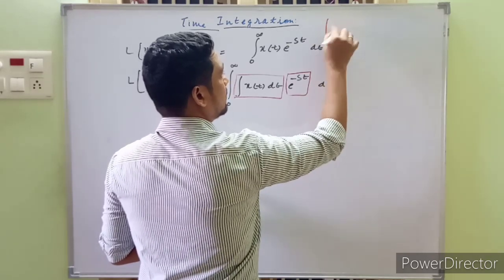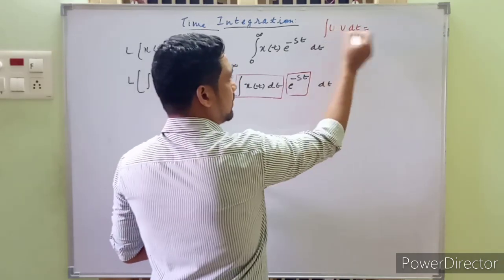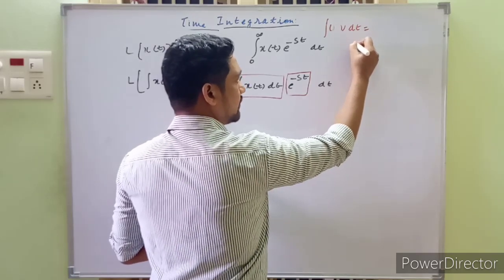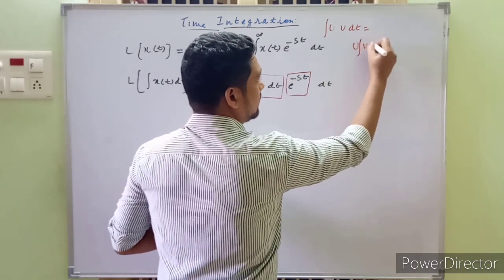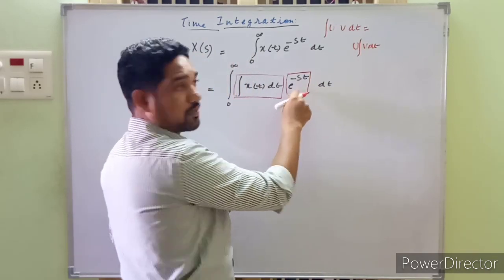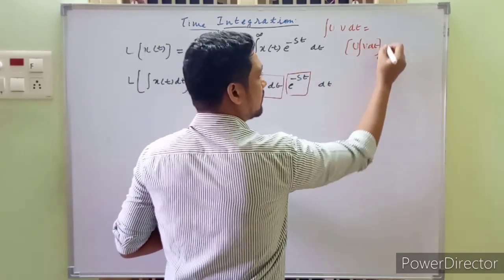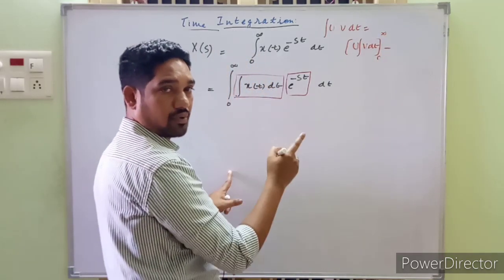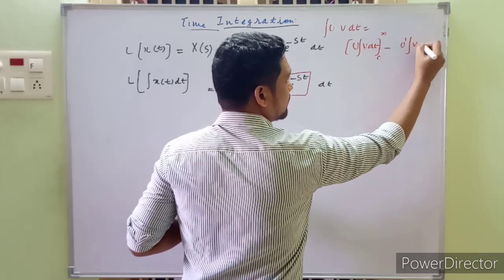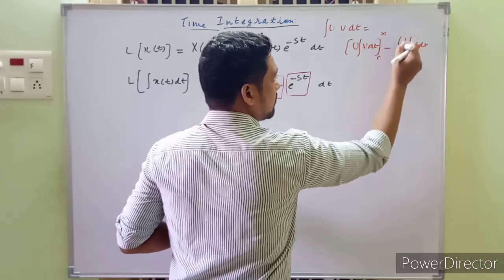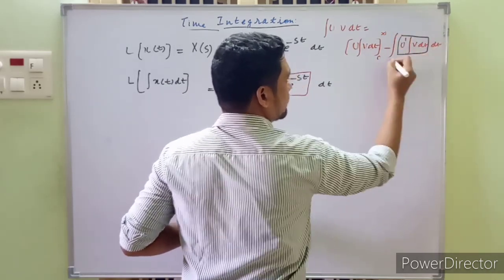Integral of uv dt will be the first function as it is, u, multiplied by the integral of the second function v, and we need to plug in the lower and upper limits, in this case 0 to infinity, minus, watch carefully, the integral of the derivative of the first function multiplied by the integral of the second function, where this whole product is integrated again with respect to t. This is what happens in the UV rule.